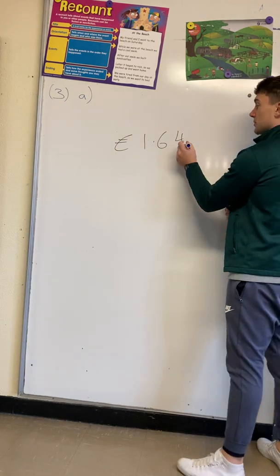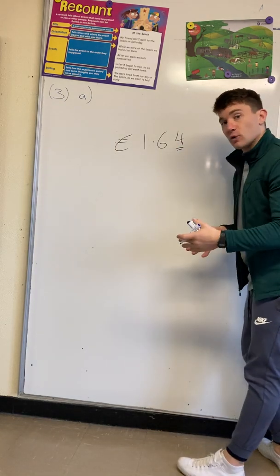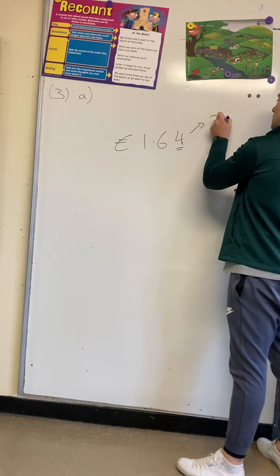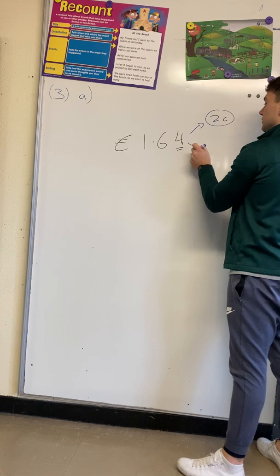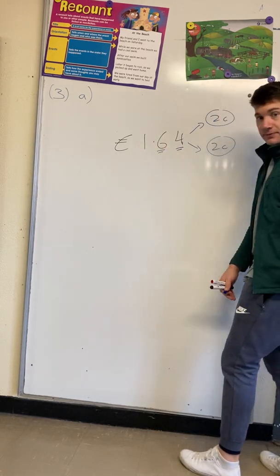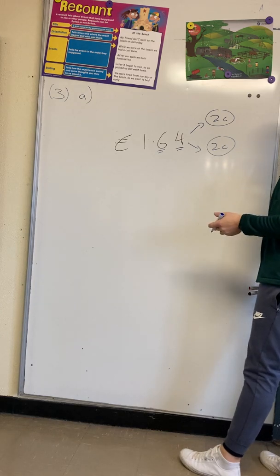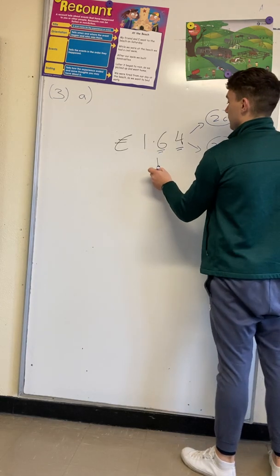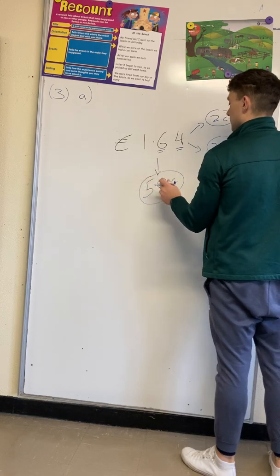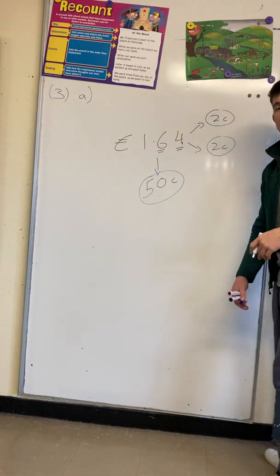Now, when we look at the 4 cents, can we get a 4 cent coin? No, we can't. We need 2 cents and 2 cents. There's your 4. To get 60, can we get a 60 cent coin? No, we can't. But we can get 50 cents. Now, what's 60 take away 50?